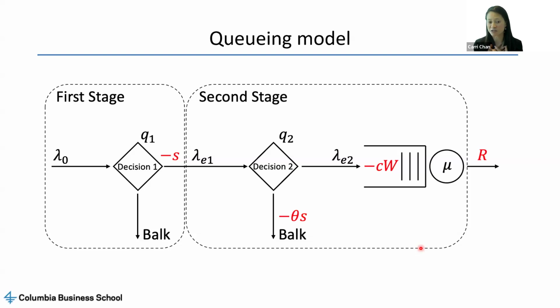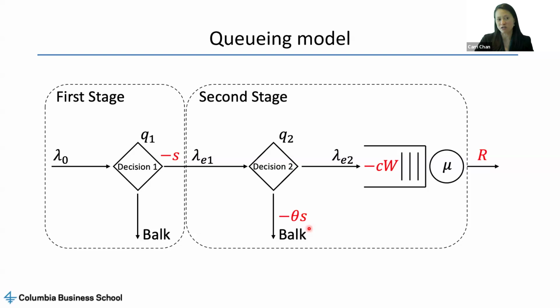We as the system designer decide whether we provide queue length information or not. If someone decides to enter the queue, they incur a waiting cost that is proportional to how long they wait, C_W. Once they complete service, they get reward R. The way that we're capturing the sunk cost aversion of the customer is through this cost, minus theta S. Theta is a parameter that captures the sensitivity of a customer to the sunk cost.